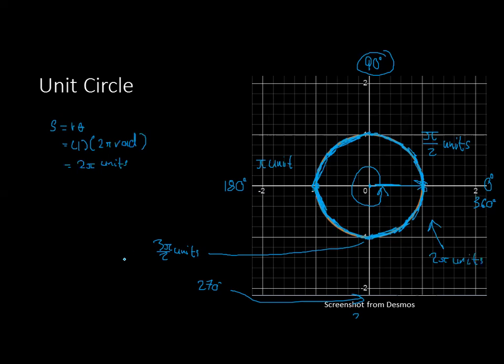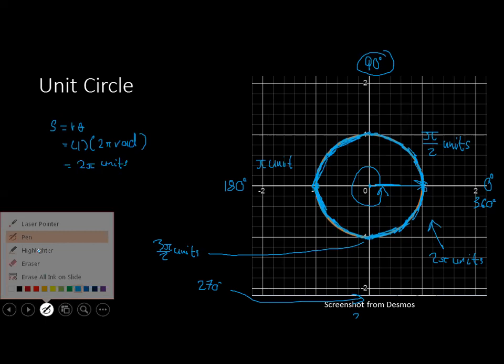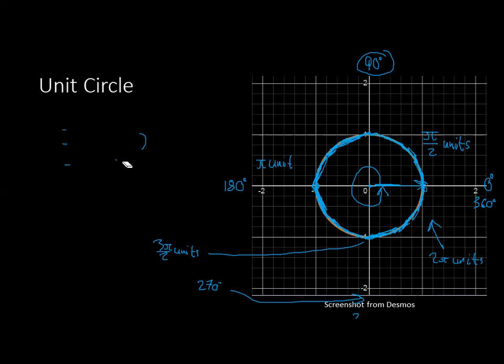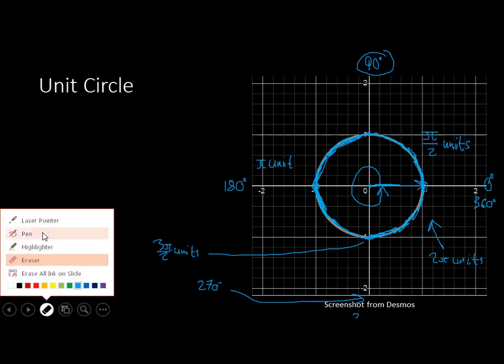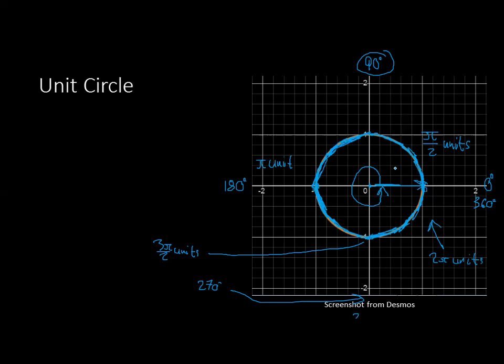So what can we observe here? Well, first thing is, let's just say we start from here. From this side only, a 90-degree angle, you will form a length of pi all over 2 units as your arc length. But you see, the angle there is just the same as pi all over 2 radians.